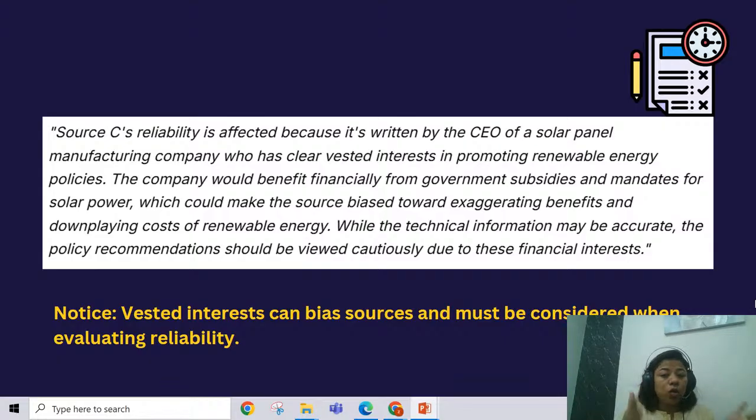Although promotion of renewable energy policy is positive for the globe, you might wait and think about the evidence, or re-verify the arguments made by the CEO of a solar panel manufacturing company. The company would benefit financially from government subsidies and mandates for solar power, which could make the source biased towards exaggerating benefits and downplaying the cost of renewable energy.